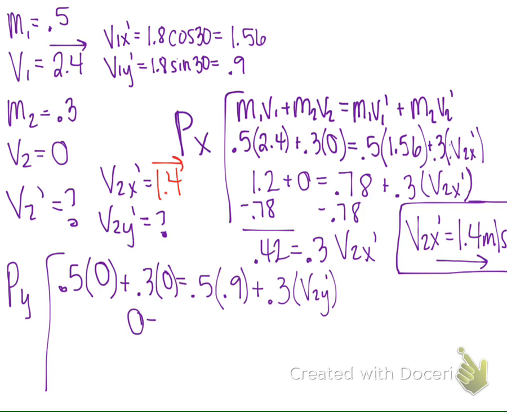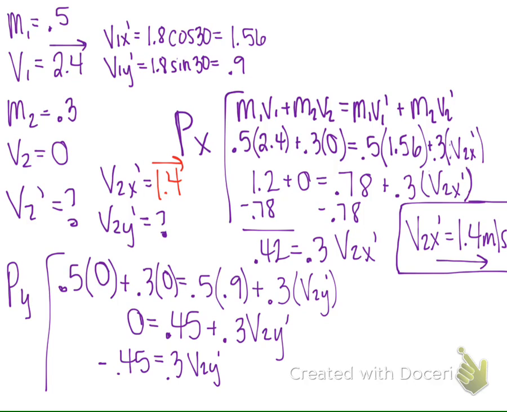So the whole left side of our equation will equal 0. We want to subtract over the 0.45 to get the v2 y prime by itself, and we'll divide by our 0.3, which means v sub 2 y prime is going to equal... What's the negative tell us here?